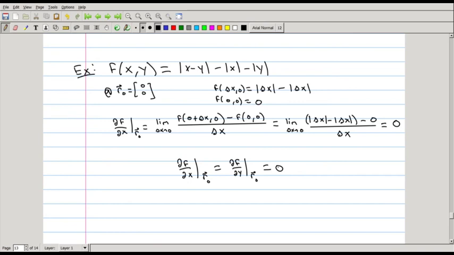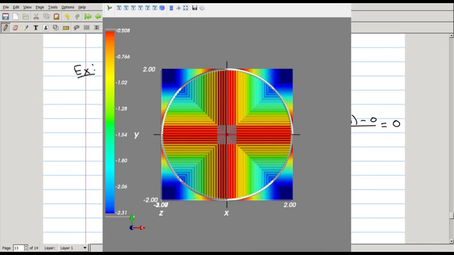Despite this, the function is not differentiable at this point, and the linearization is actually very bad here. To see this, we'll look at a plot of the function. If we open up a plot of this function, we can see why it's called the roof function.